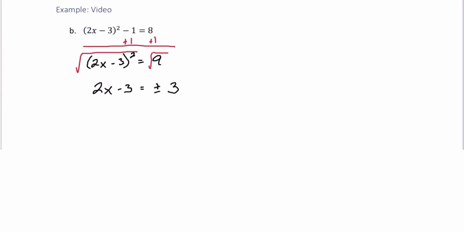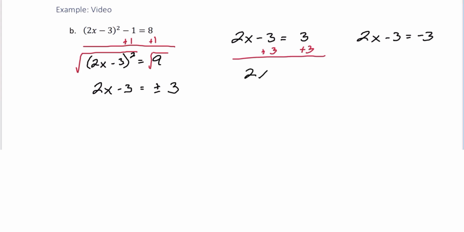Now we can split this into two separate equations. 2x minus 3 equals positive 3, and 2x minus 3 equals negative 3. We'll start by looking at the left equation. Add 3 to both sides. 2x equals 6. And then divide by 2.